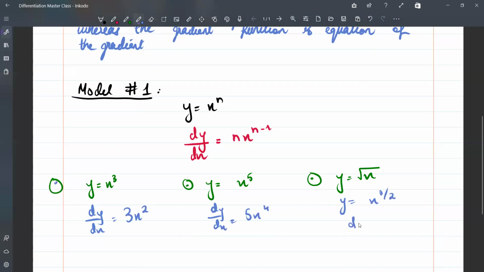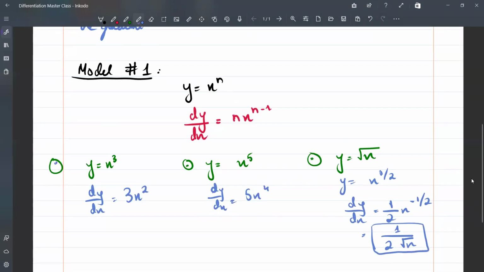So dy over dx would be half x power 1 upon 2 minus 1, which is minus 1 upon 2, and dy over dx is 1 upon 2 under root x if we simplify it. So this is our model 1, which we have already studied in AS.